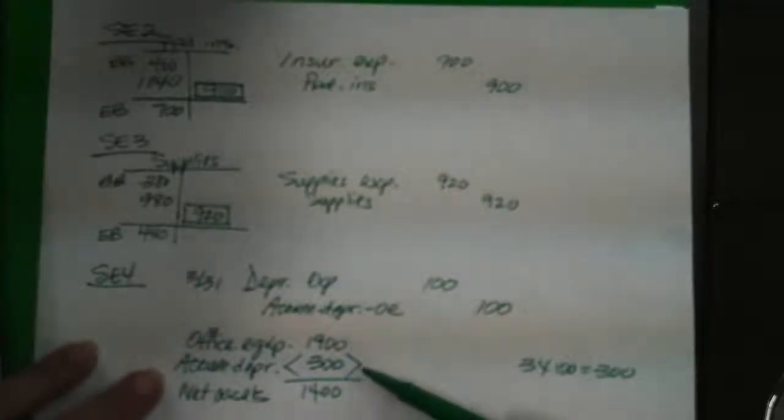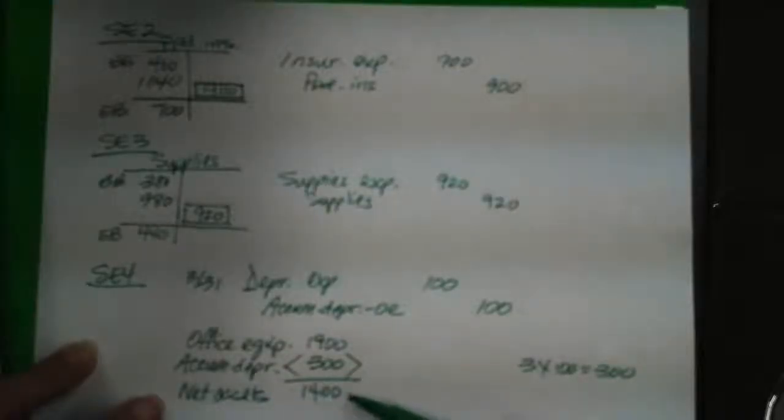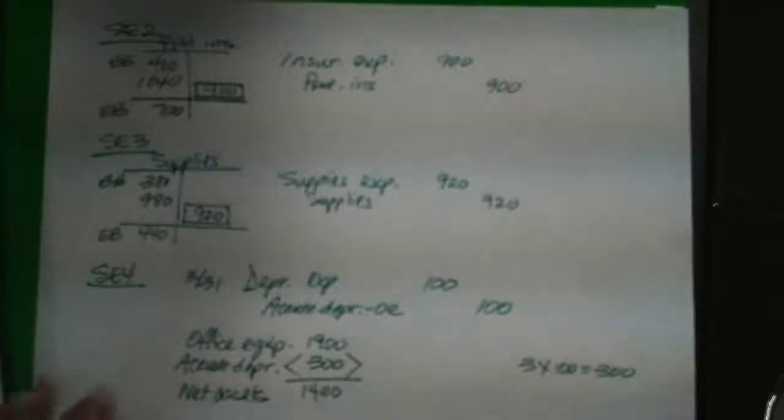So you would have office equipment as an asset, accumulated depreciation as a contra account to the asset, and net assets would show as $1,400. That's what the balance sheet would look like if you had had this office equipment for 3 months. Okay? All right, let's move on to SE5.